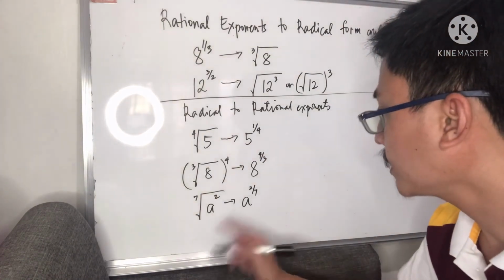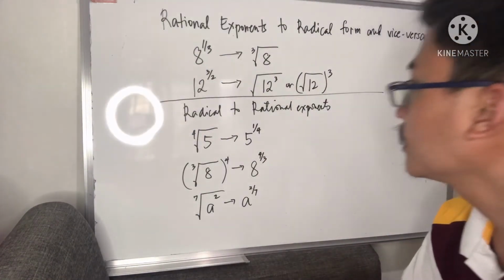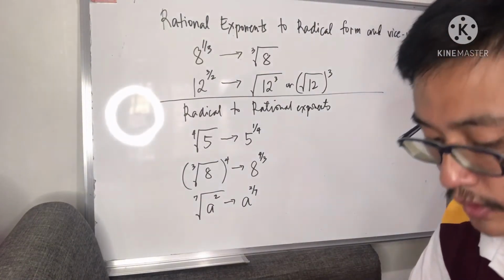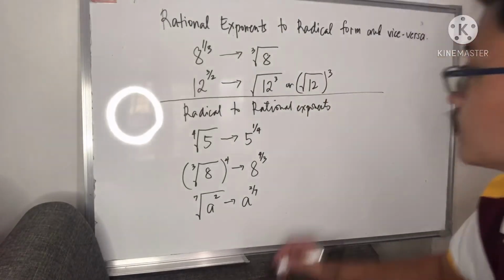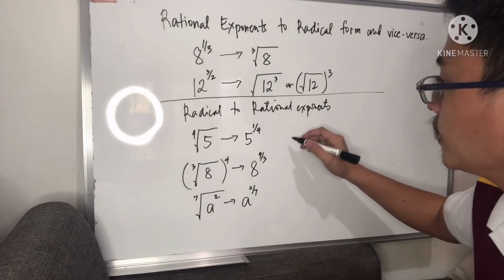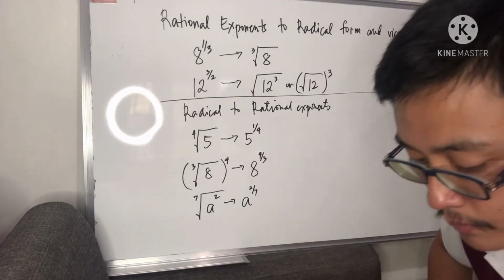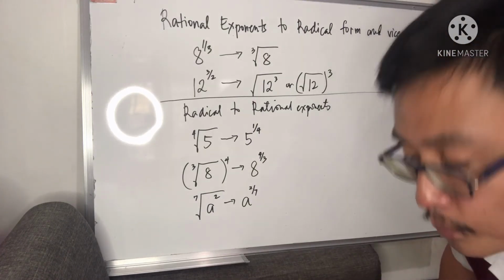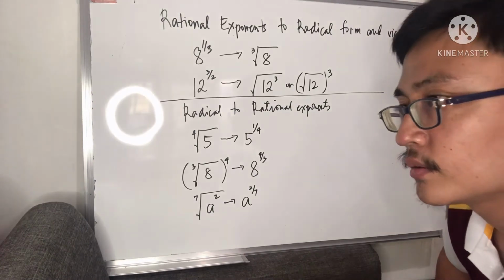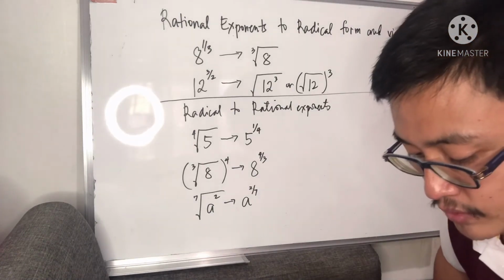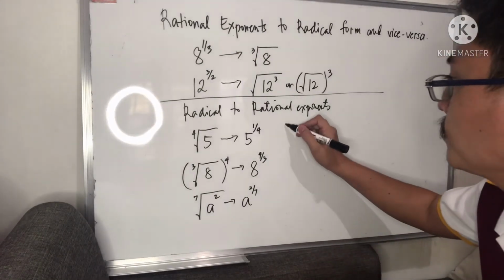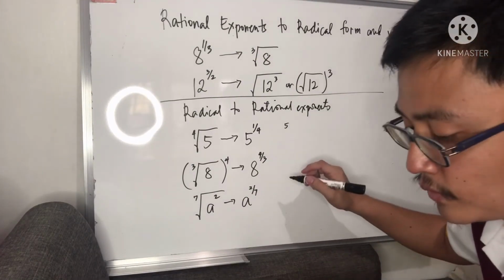Okay, so that is how we convert radical to rational exponents. Pwede naman yan. Pwedeng variable, pwedeng numbers, pwedeng combination of variable and numbers. Okay? Now, let's say you have the fifth root of AB.